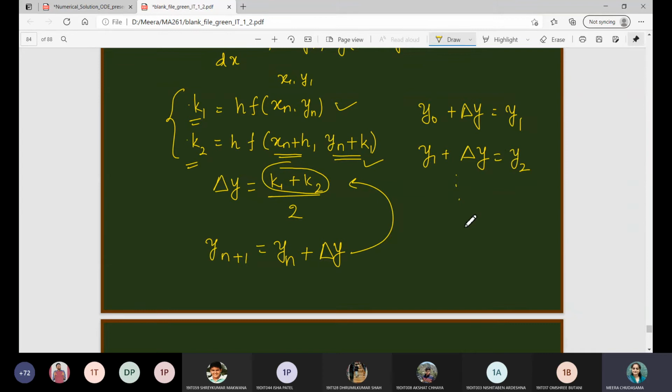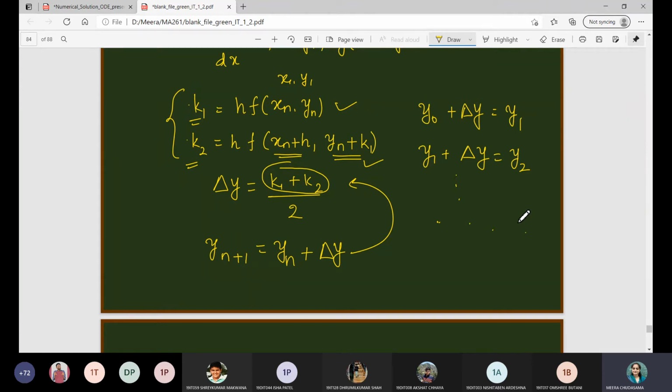When we consider fourth order, we'll have the quantities k1, k2, k3 and k4. Four quantities are there. There is actually a third order Runge-Kutta method as well, but we will not consider it because fourth order is more convenient as well as gives more accurate answers. So that's why we are not going to consider third order, right?